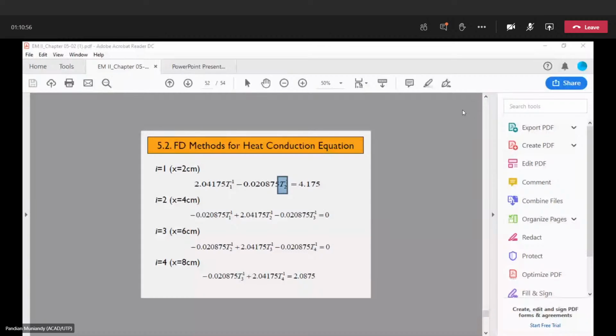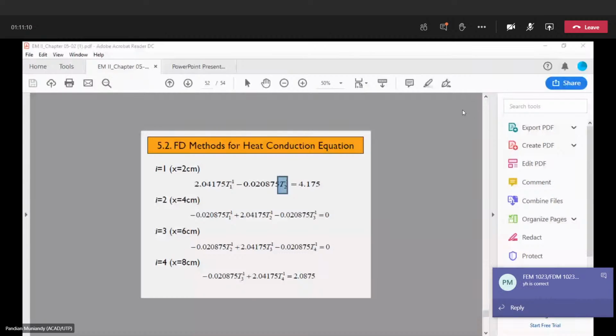Yao Kong is correct. Patricia, T13 is 0. So the answer is 1.02252.